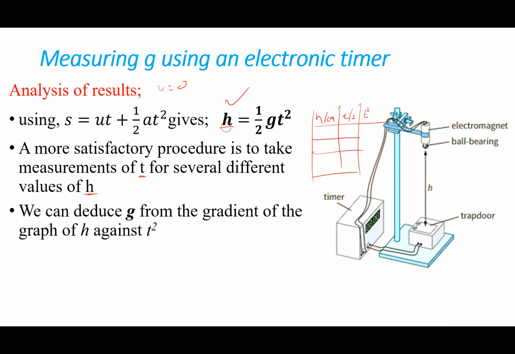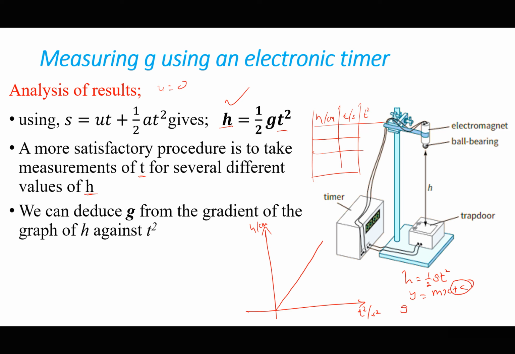If I plot h against t squared, it is going to be a straight line through the origin, with h in maybe centimeters against t squared in seconds squared. From the equation h equals a half g t squared, if I compare with y equals mx plus c, there is no y-intercept.